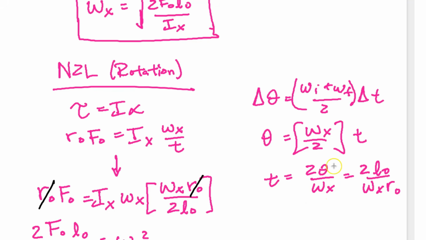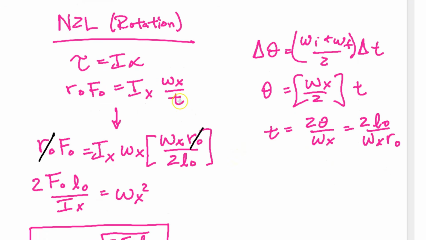And previously I showed you that theta is equal to L naught over R naught. So we can write t is equal to 2 L naught over omega X R naught. And substituting this into our equation on the left here for t, we get R naught F naught is equal to Ix times omega X times R naught divided by 2 L naught.